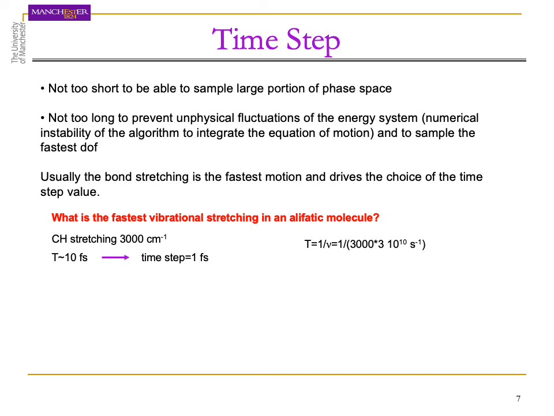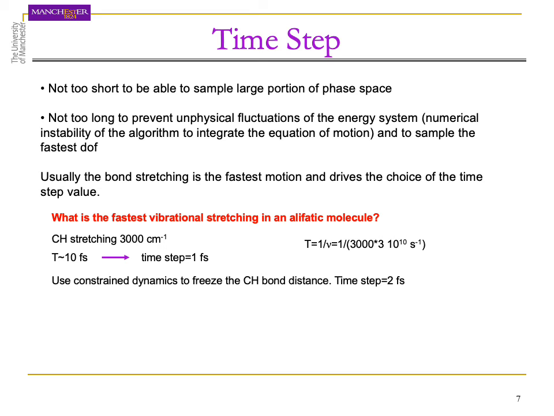We say that we are not resolving the fastest degrees of freedom. So a good time step for this kind of simulation is 1 femtosecond. And that is the general idea.